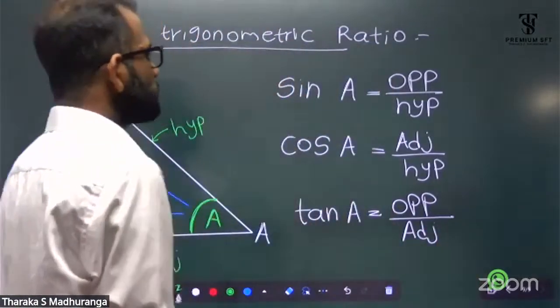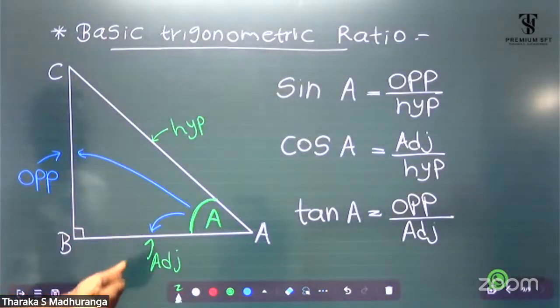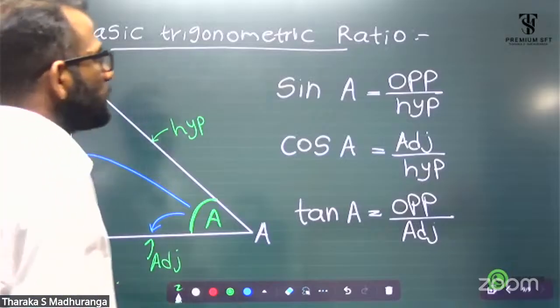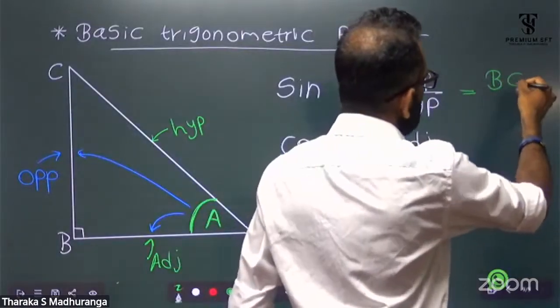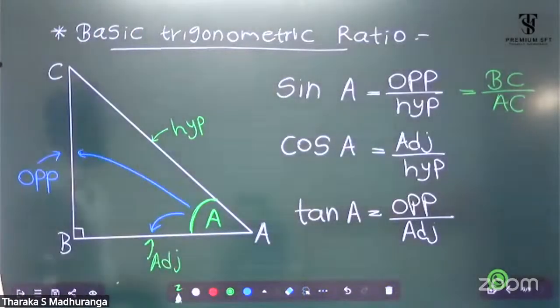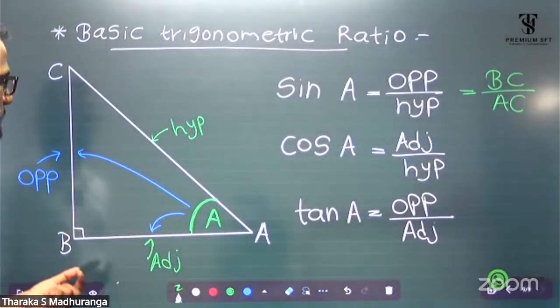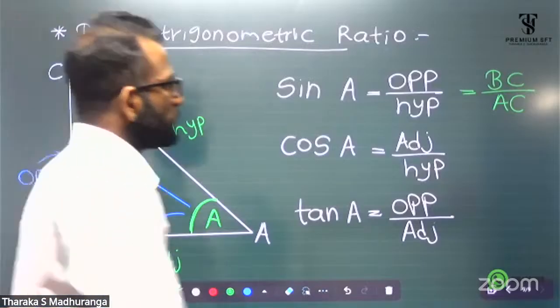Okay, examples. Sin A means opposite over hypotenuse, BC over AC. Cos A is adjacent over hypotenuse, AB over AC.